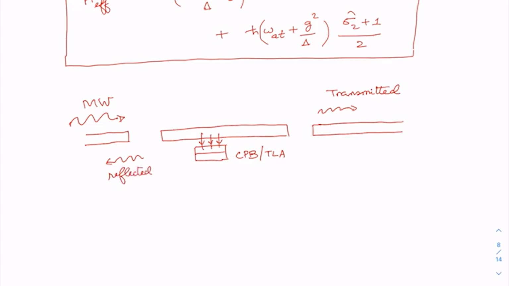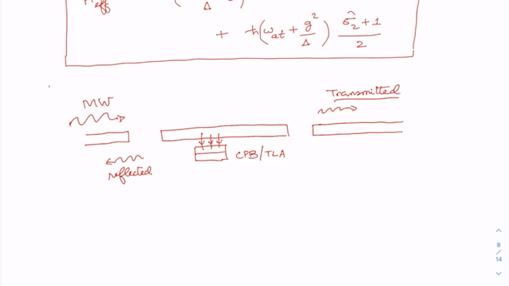And what is done in the experiment is that by looking at the intensity of this transmitted beam, the experimentalists infer the state of the Cooper pair box or the two-level atom, and other things about the system.